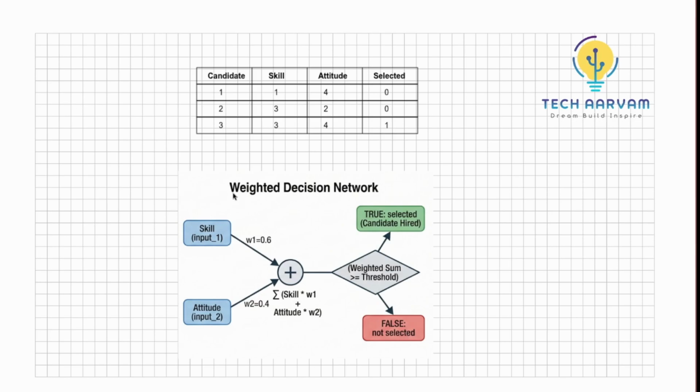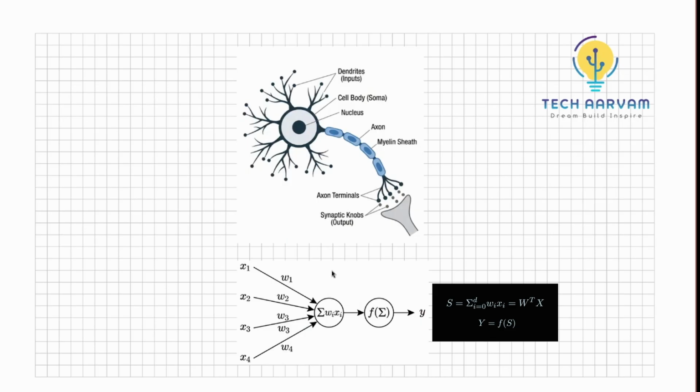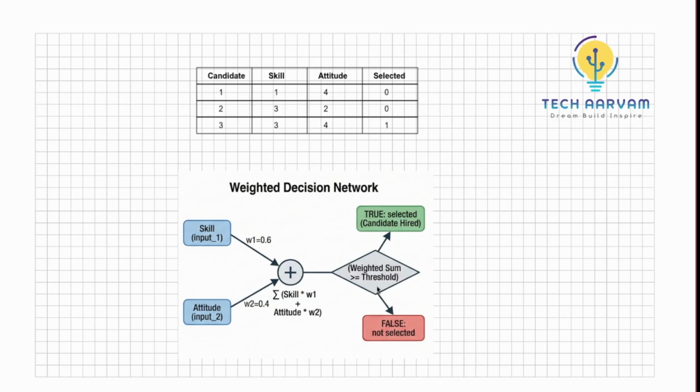So this is the problem, and we can see that the weighted summation is exactly the same. We do a linear weighted summation. f of s is basically the check that we are doing. The example function that we have here is discrete. It is non-continuous, so it is a step function.